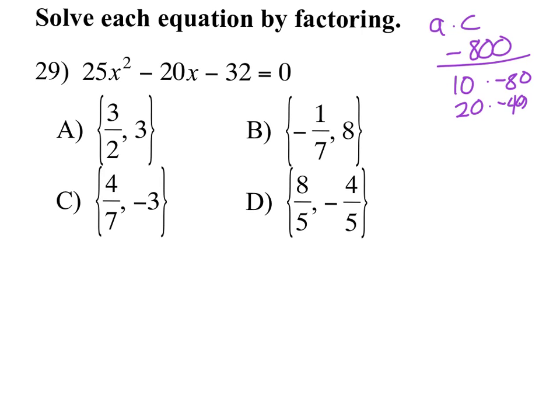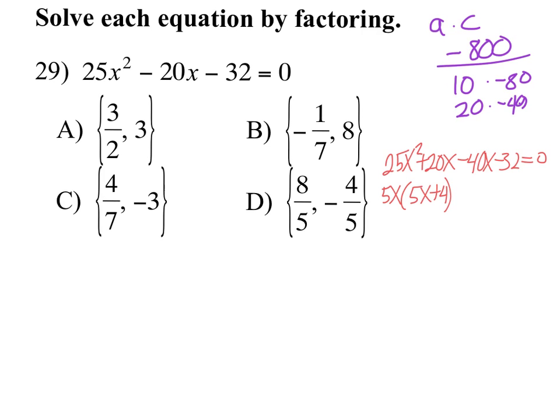Okay, so in doing this out, we're going to go with 25x squared plus 20x minus 40x minus 32 is equal to 0. The first two have a 5x in common, and I'd be left with 5x plus 4.